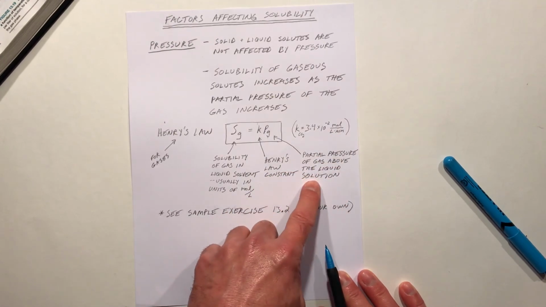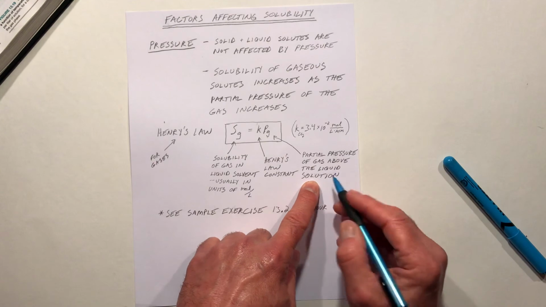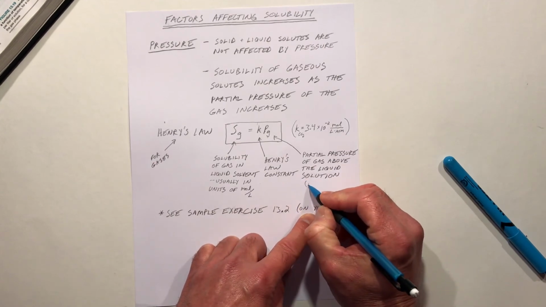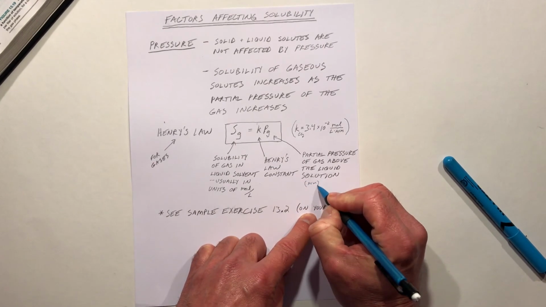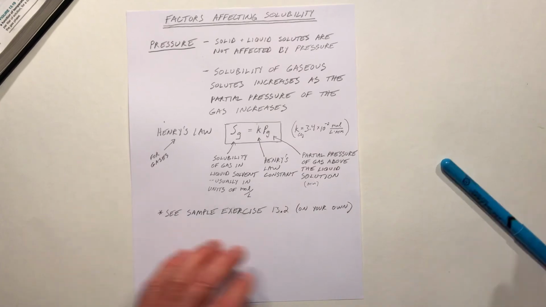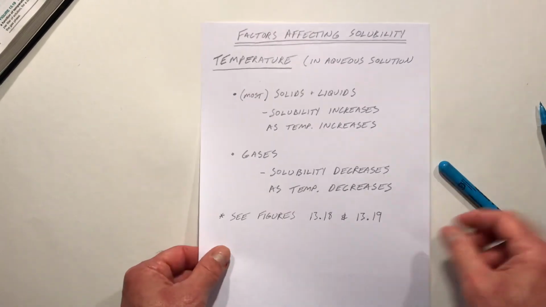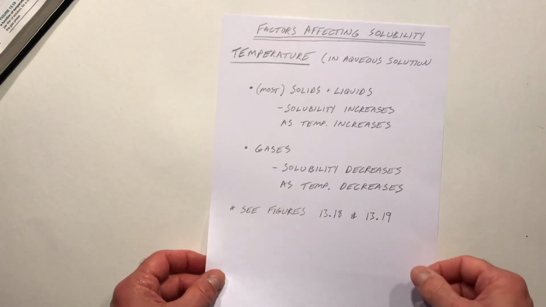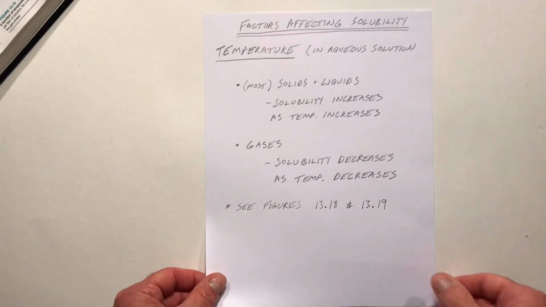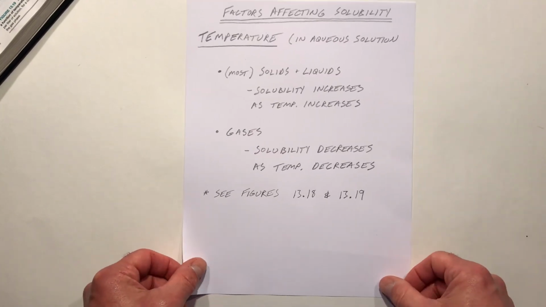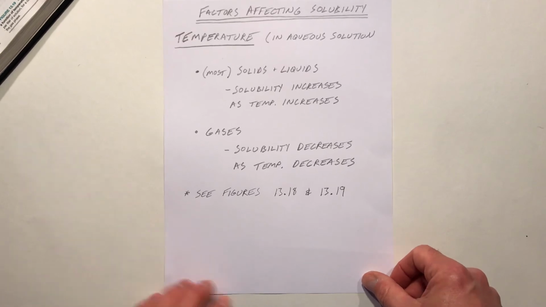And then the partial pressure of the gas above the liquid in the solution, and of course we'd have to have units here of atmospheres, right? So you can use Henry's law when you're dealing with pressure, and that is something we really only pay attention to with gases.